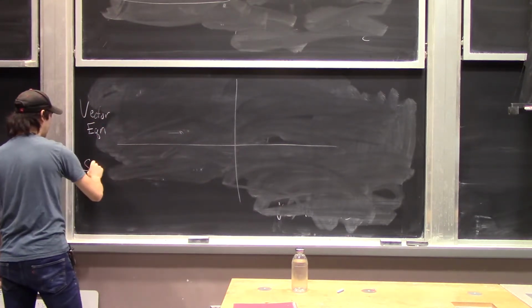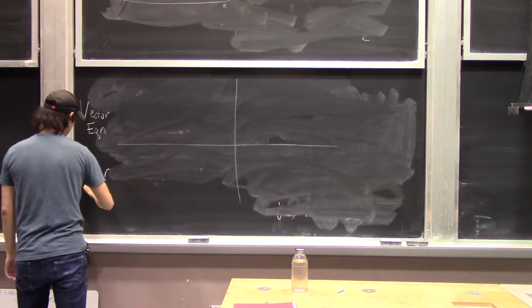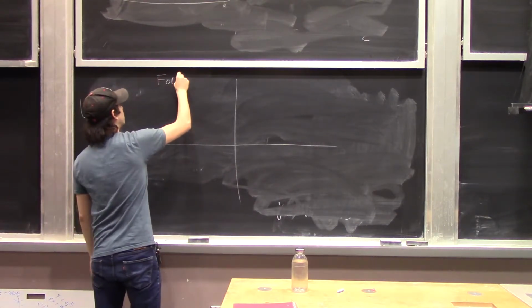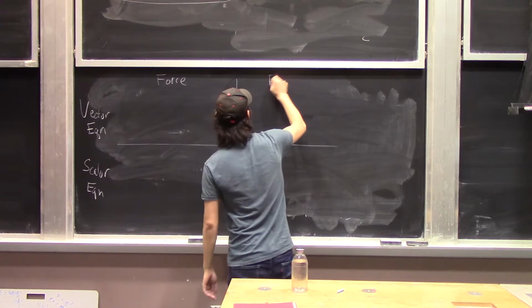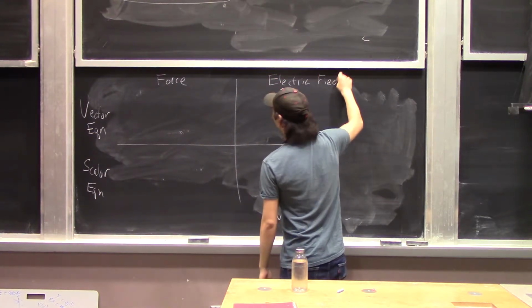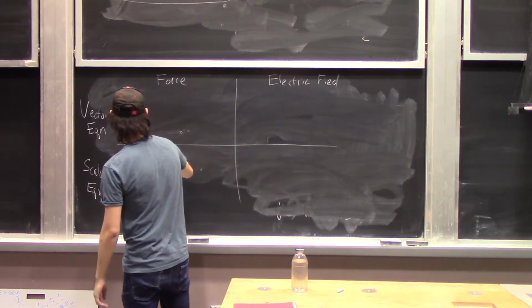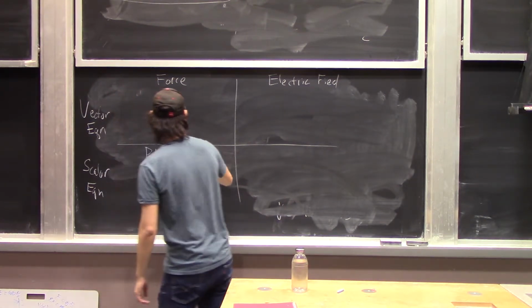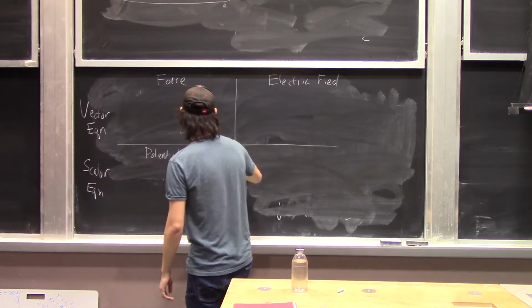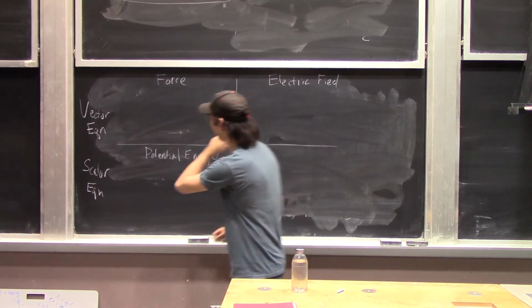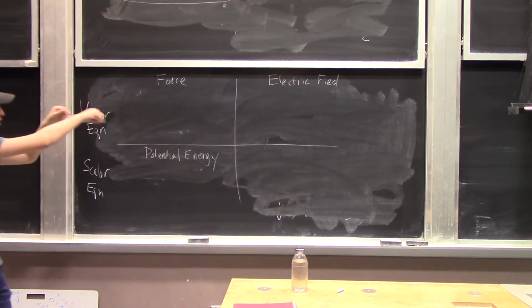And then we also have our scalar equations. So the top left we have the force, right here we have the electric field. This is going to be the potential energy. And the electric potential ultimately. I'm not even going to tell you what that is. We're going to point to that later.